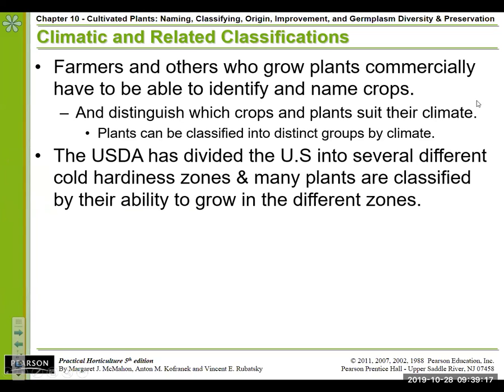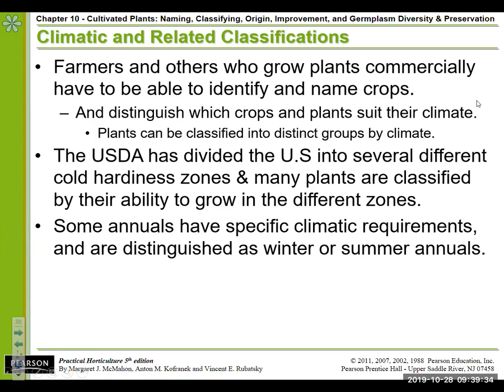So looking at plants by climate, of course, we classify them by their cold hardiness zones, where they're able to exist, at least the perennial plants, for years upon years.